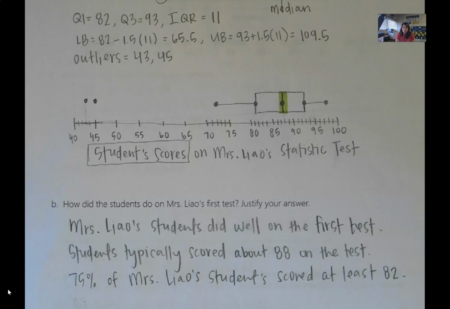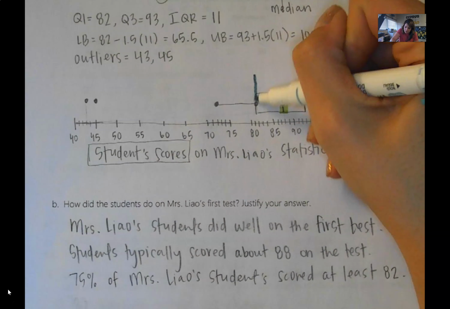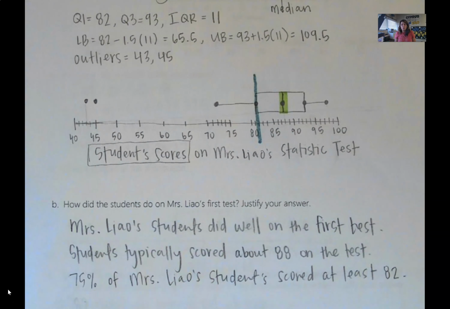Students typically scored about 88 on the test, and 75% of Miss Lau's students scored at least 82. So let's talk about how I know that at least 75% scored at least 82. Well, I looked at quartile 1.